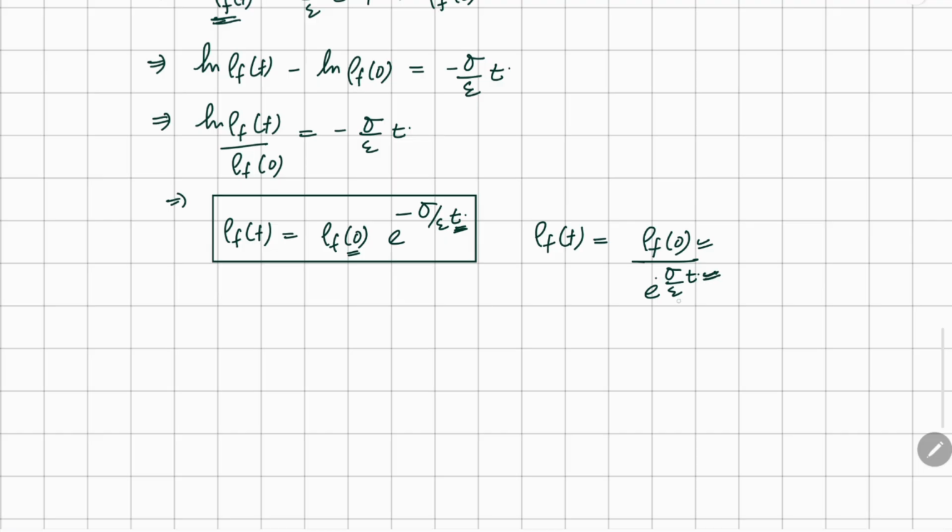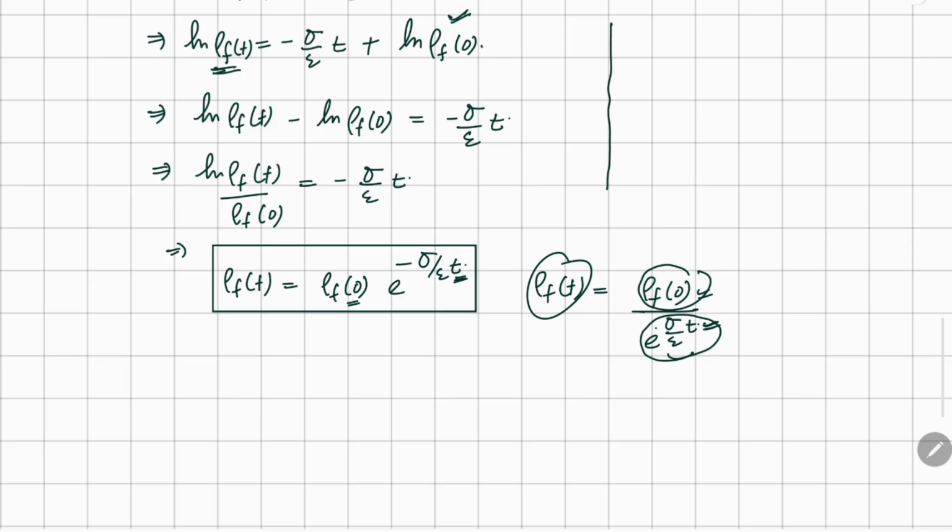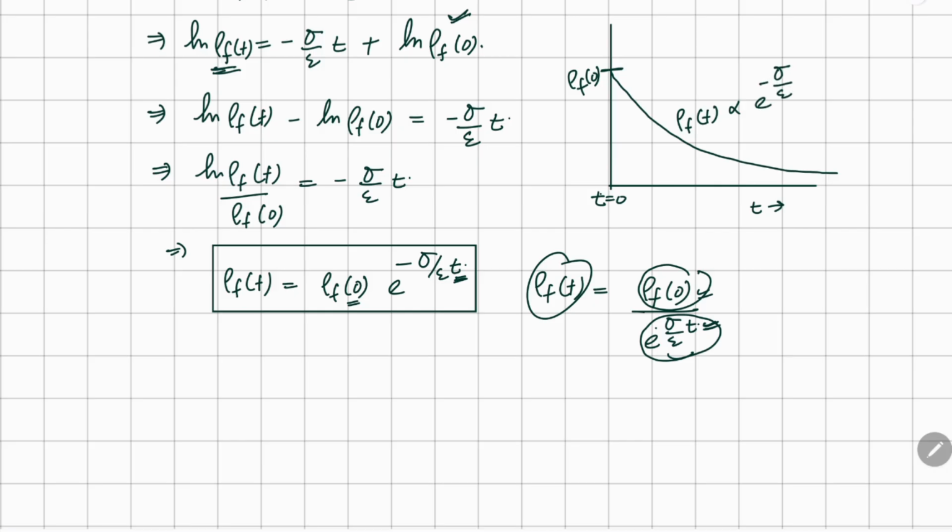But as time increases, this whole value increases and it divides rho_f0, so rho_f(t) decreases. So if we try to plot it, initially at t equals 0 its value is rho_f0, and as time increases its value decreases. So rho_f(t) is proportional to e to the power minus sigma by epsilon t.